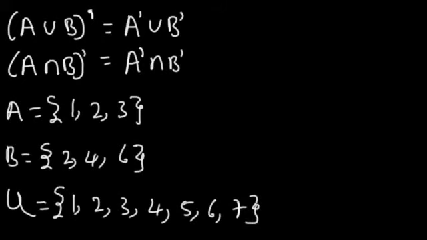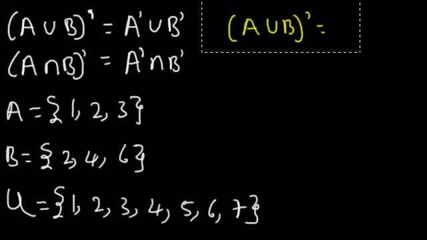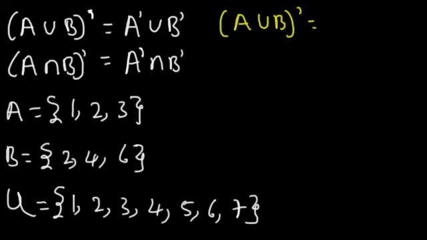Now what will be the value of (A union B) prime, the complement of A union B? That will be equal to what? I need to adjust this a little bit because I don't know if this space is going to be enough. Let me just adjust it. So (A union B) prime will be elements in the universal set that are not in A union B. We haven't even found A union B yet.